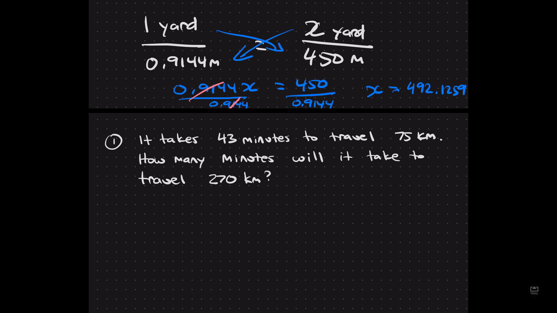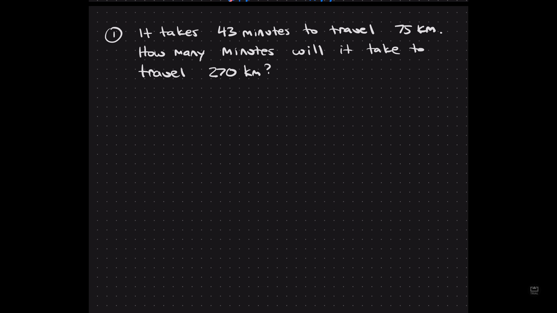Okay, now proportional reasoning is also when we're comparing other things, like this is quite common where it takes 43 minutes to travel 75 kilometers. How many minutes will it take to travel 270 kilometers? Well, all we have to do is just, again, create something that is equal on the left side and the right side.